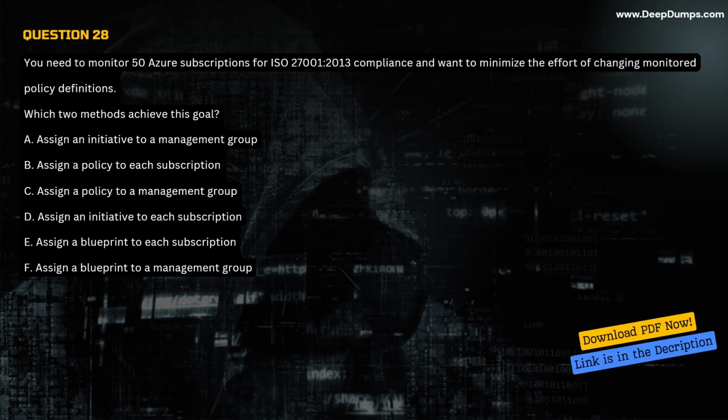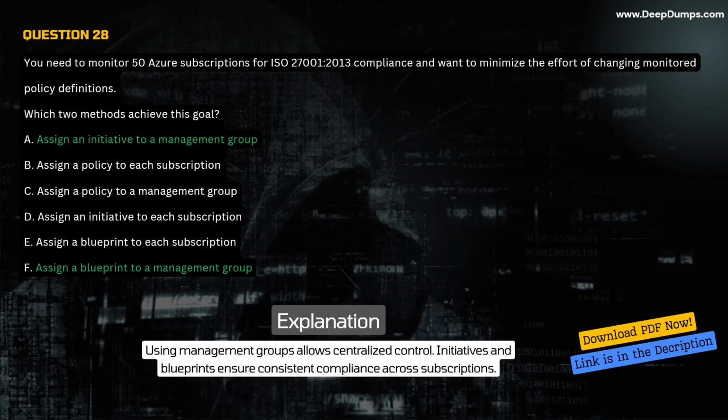D. Assign an initiative to each subscription. E. Assign a blueprint to each subscription. F. Assign a blueprint to a management group. Correct answer A and F. Assign an initiative to a management group. Assign a blueprint to a management group. Explanation. Using management groups allows centralized control. Initiatives and blueprints ensure consistent compliance across subscriptions.